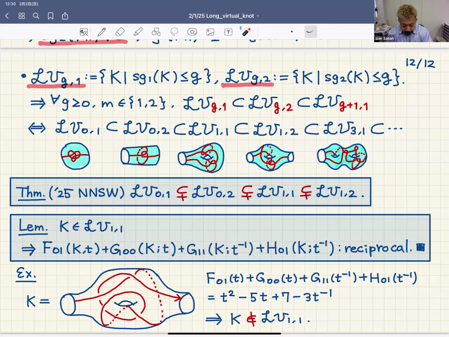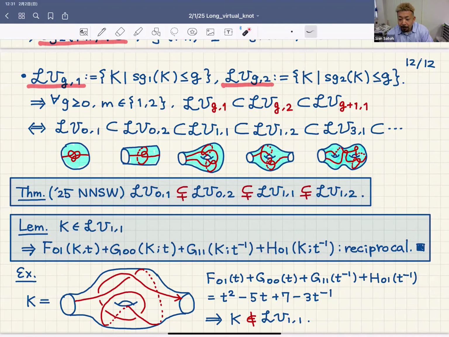To prove this part, we prepare one lemma here. This is not easy, but anyway, if a long virtual knot lies in LV11, then the sum of the four intersection polynomials F01, G00, G11 with t inverse, and H01 with t inverse is reciprocal.